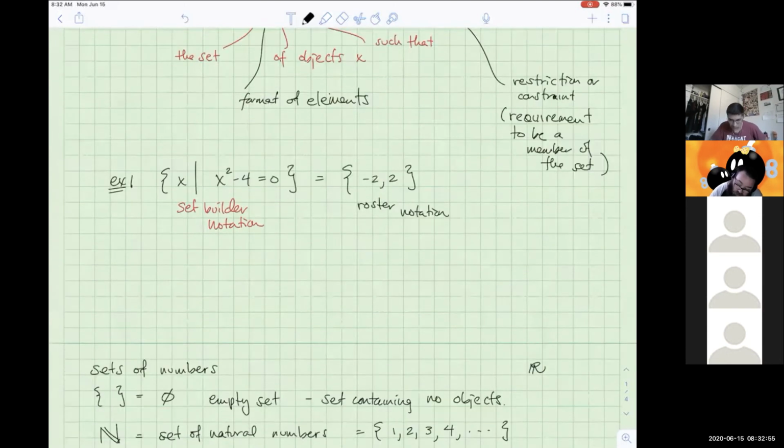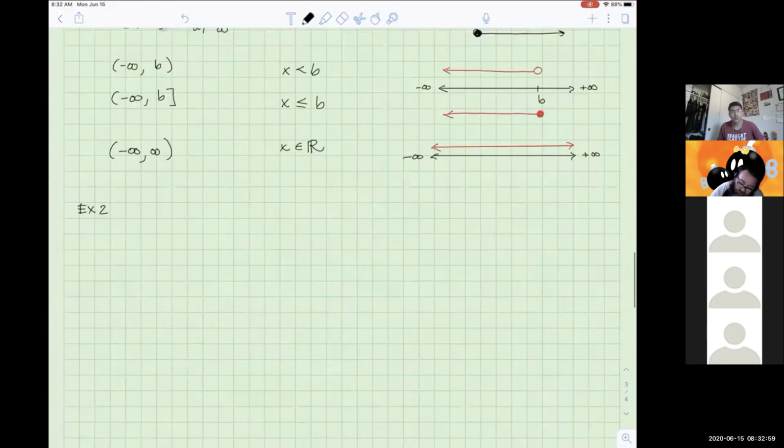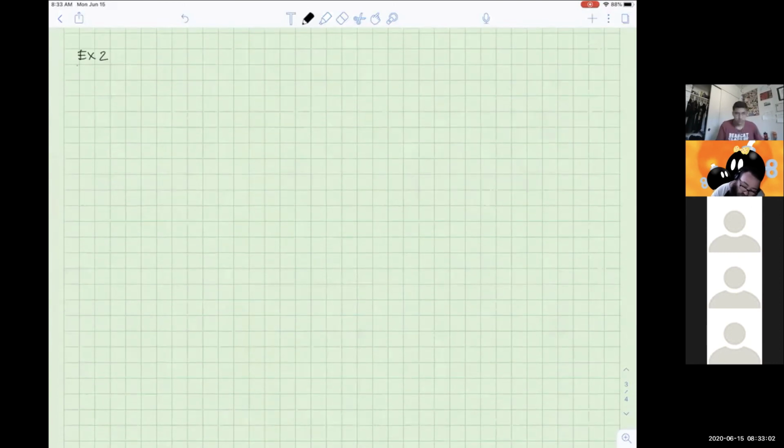This was example 1. Example 2, write using interval notation and graph on the number line.